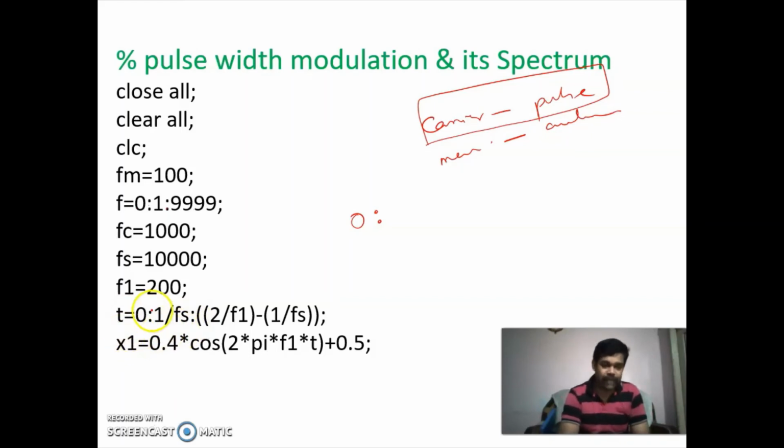F1 we are defining as 200. Now we are defining the message signal. X1 is the message signal: 0.4 into cos 2 pi F1 into T.